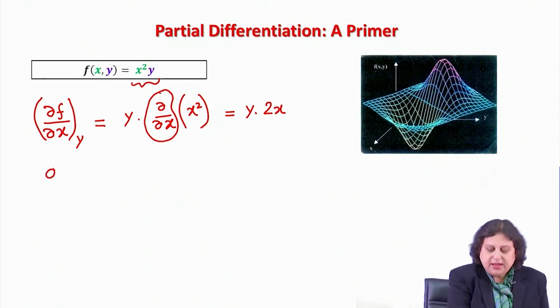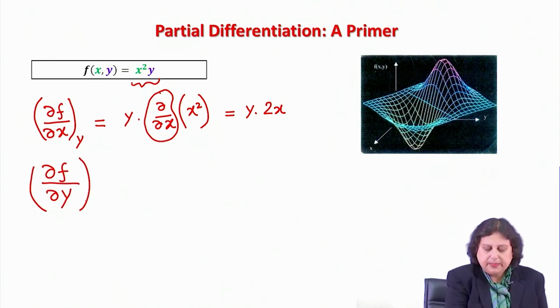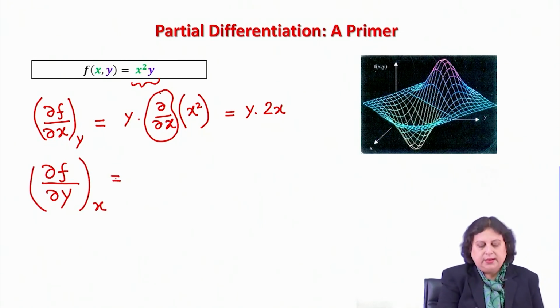Similarly, I can try and find out what is del f del y. Clearly, while taking this differentiation, I will have to keep the x dependent part out of the differentiation, and then I take the differentiation of the y dependent part.